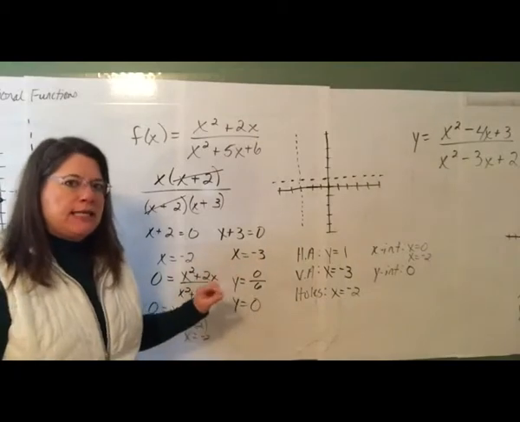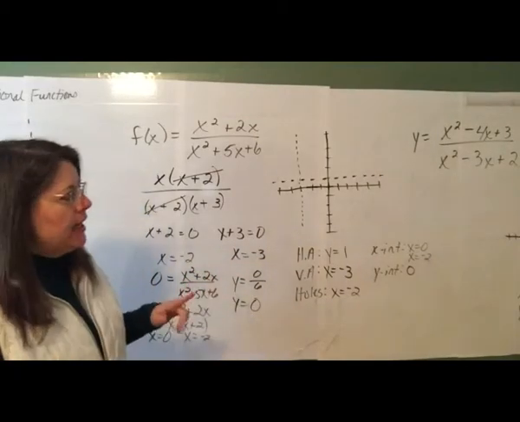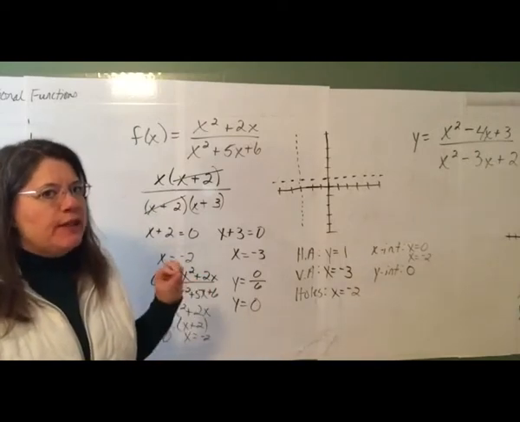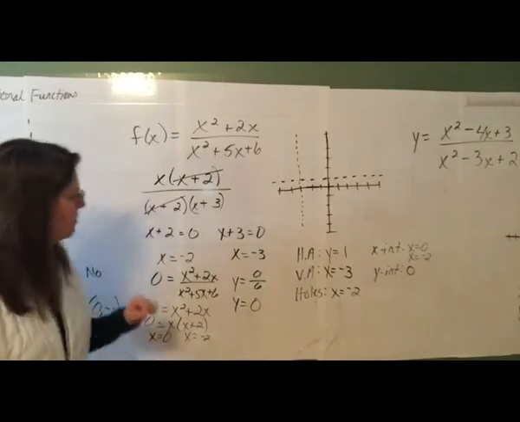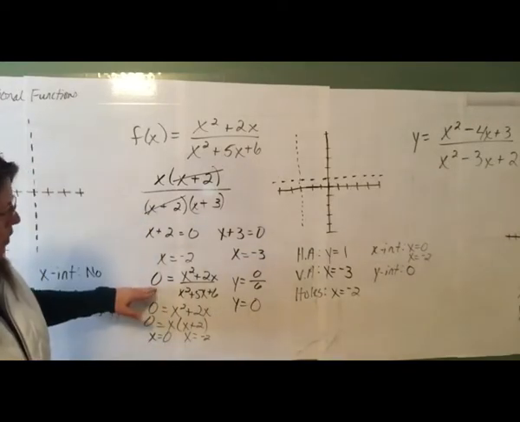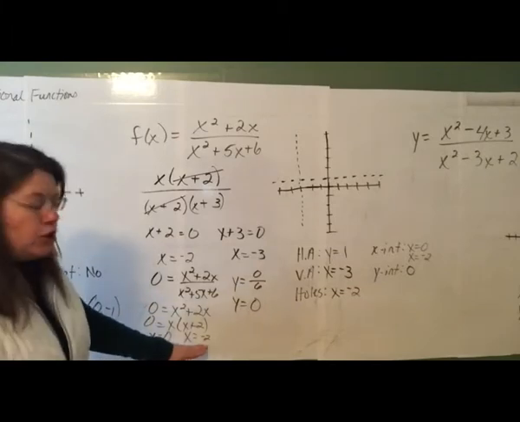So the next thing we need to consider is where our x and y intercepts are. And this one's a little bit tricky, so we need to really think about what we're doing here. When we found the x-intercepts, we set y equal to 0. And when we did that, we ended up getting 0 and -2.